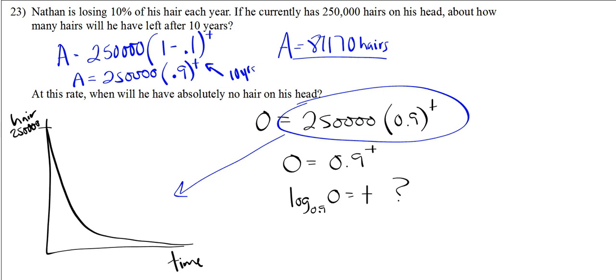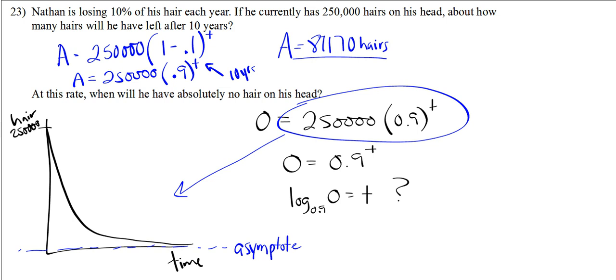So this spot right here is what we call a horizontal asymptote. I'll put that word up here. An asymptote is something that we approach but don't reach. So we're approaching 0, but we're not going to get there, theoretically, when you talk about exponential decay. We get down to the atom and we can't split it, and so that's as much as we can do. So we're approaching 0, but we're never getting there.